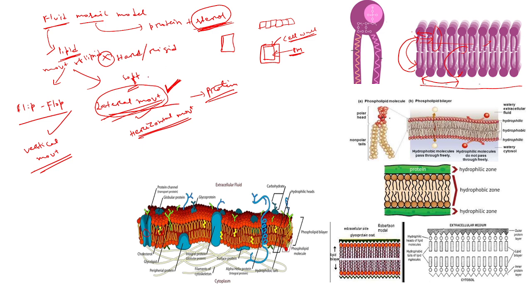So lipid can move by flip flop or lateral movement, that means horizontally as well as vertically, but the protein can move only laterally. That means in the same leaflet or the same layer it can move, but vertically it cannot move. So this is the movement of the protein in the lipid.